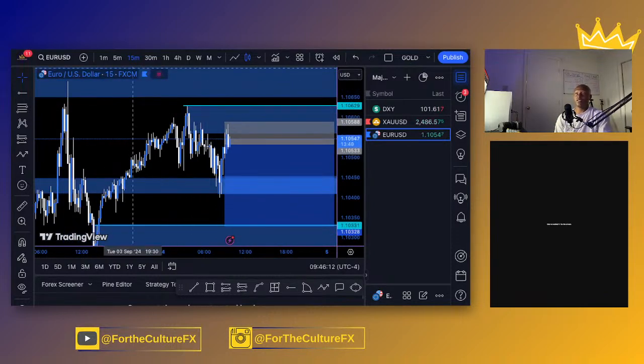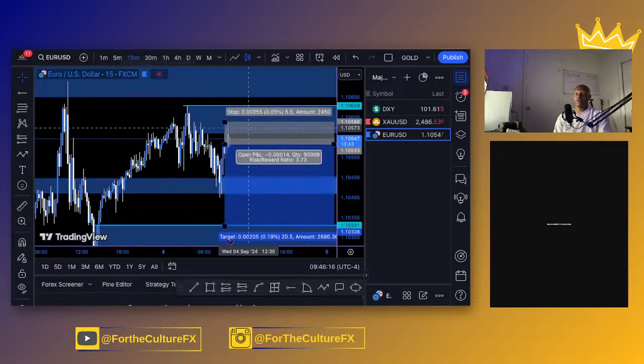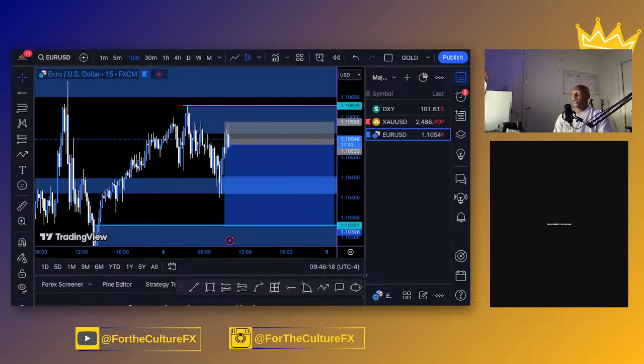So this wasn't technically based on the 4-hour direction. It was based on, let's pull it up here, this resistance area, this level remaining bearish.